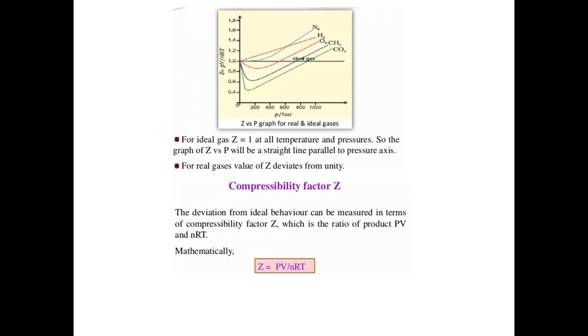This is very, very important, that you understand what is meant by compressibility factor, and what you understand if Z is greater than 1 or less than 1 or equal to 1. If Z is equal to 1, it is an ideal gas, and if it is not equal to 1, that is, it is greater than 1 or less than 1, it is known to be a real gas. So how much deviation has occurred can be measured in terms of the compressibility factor.